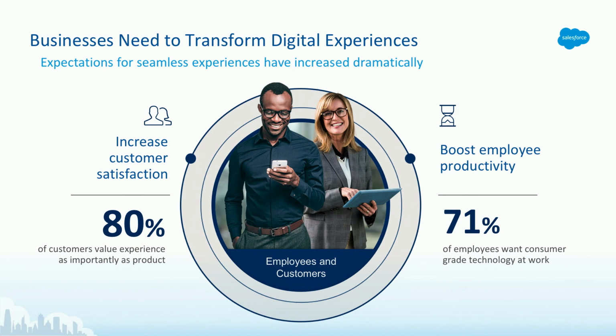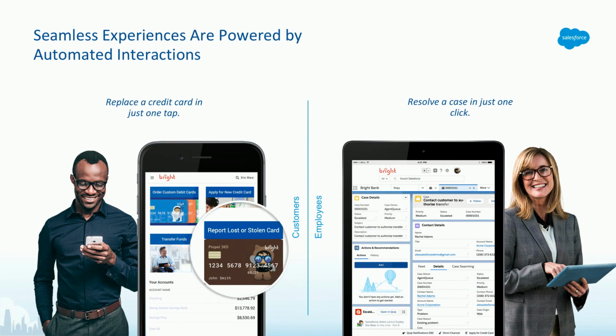So what is a digital experience? Digital experience is a seamless interaction. Since we live in this digital world, if you want to replace your credit card, you probably just want to go on your mobile app and click on a couple buttons to have that on its way to you. My personal experience with a good seamless interaction is with Amazon.